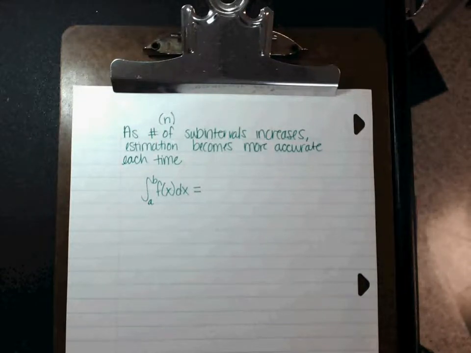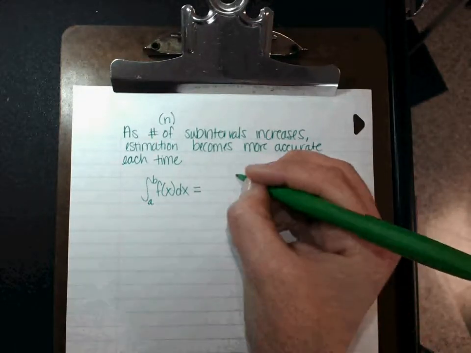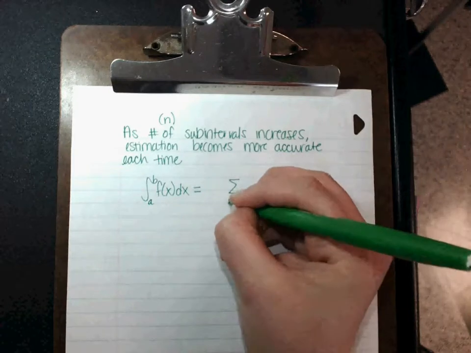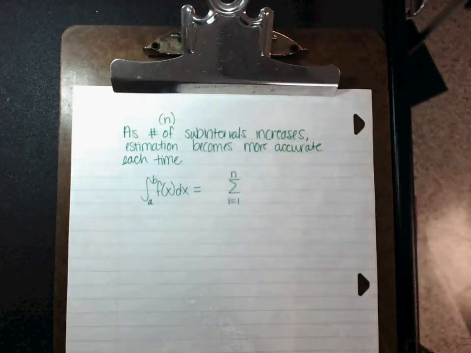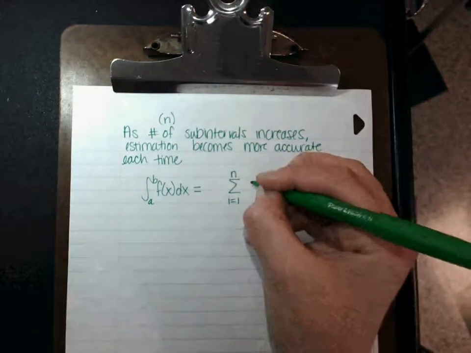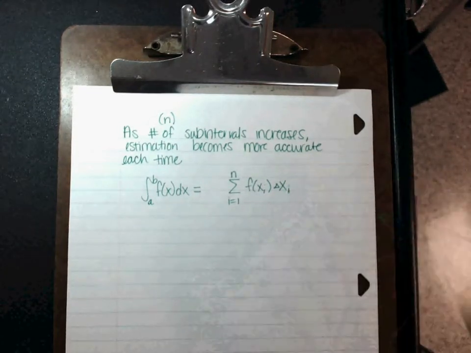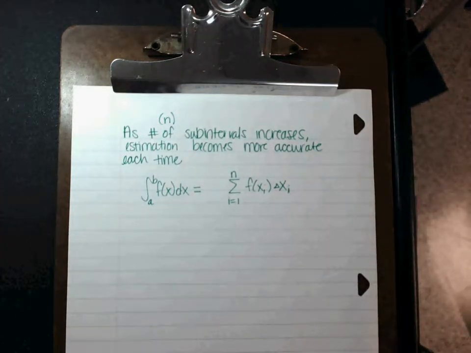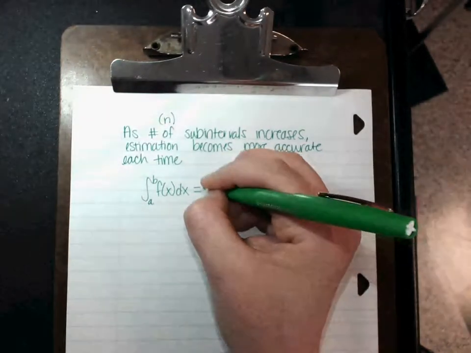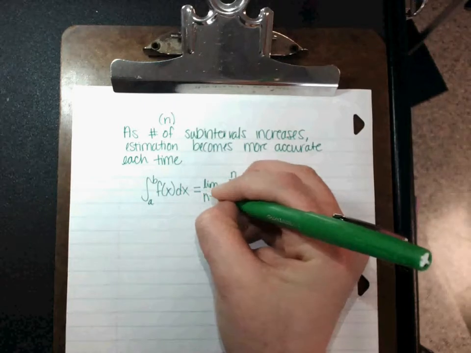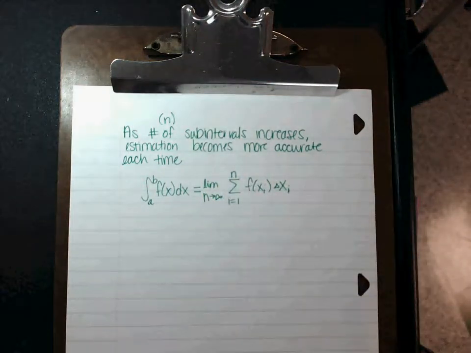So the limit as n goes to infinity of the sum from i equals 1 to n of f of x sub i delta x. That's the exact definition of an integral.